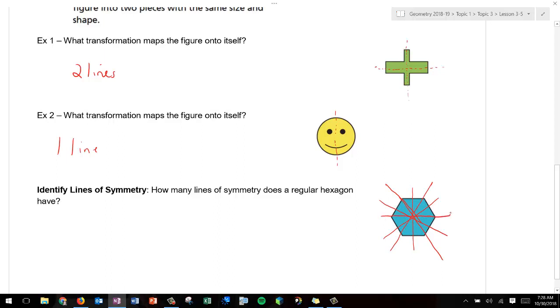As you guys well know, I can't draw straight lines, but you get the picture. So in this case, for a regular hexagon, it's got 6 lines of symmetry. What's kind of cool is when you have a regular figure, when all of the sides are the same and all of the angles are the same inside of a figure, the number of sides is going to match the number of lines of symmetry. So just kind of keep that in mind.